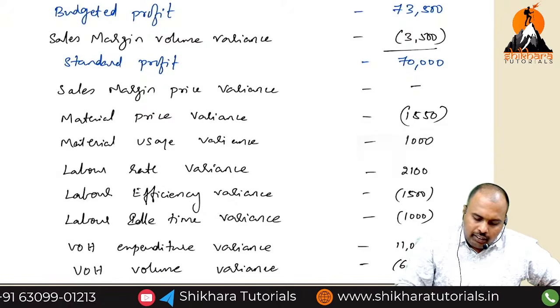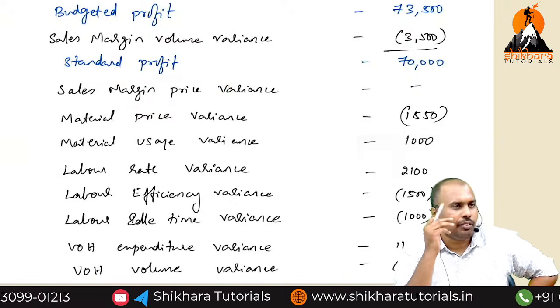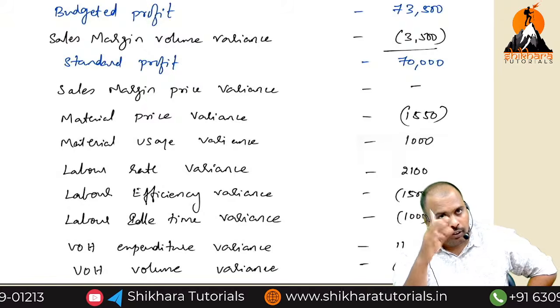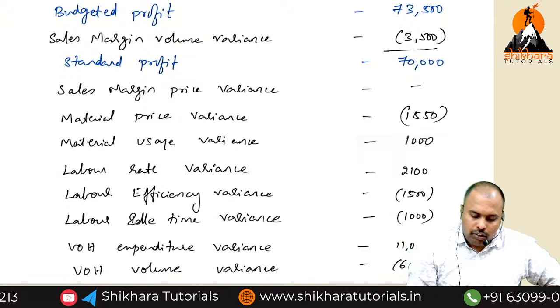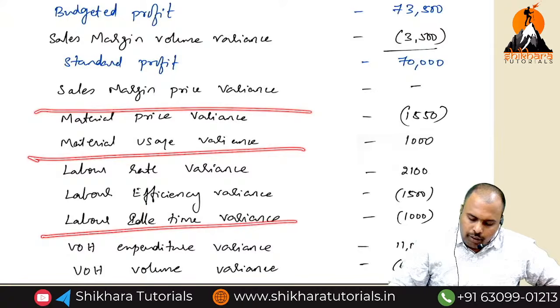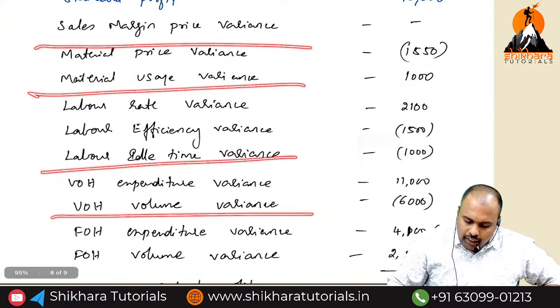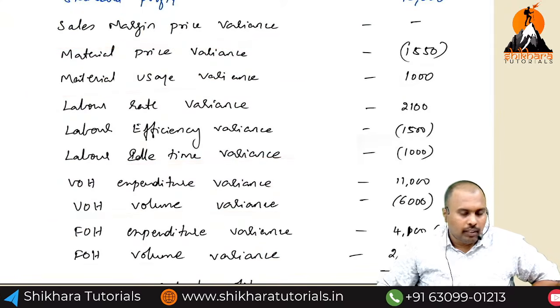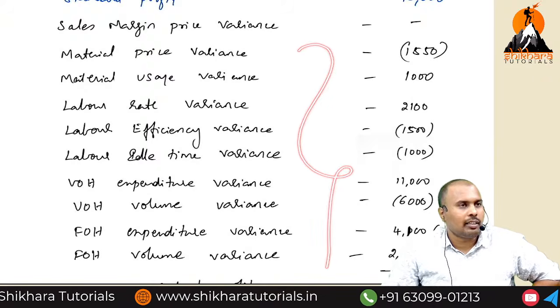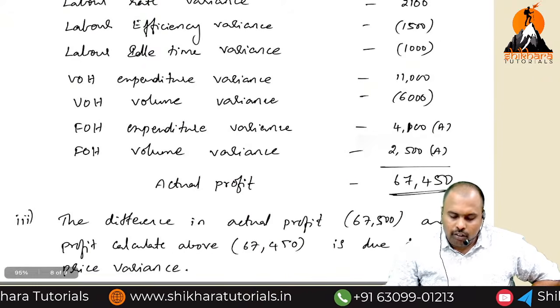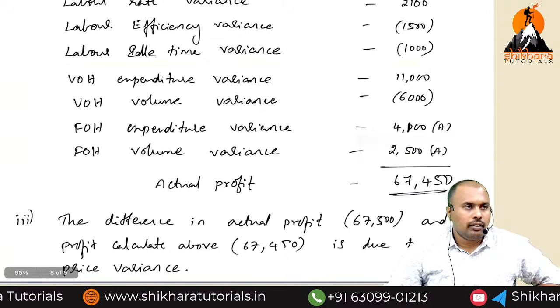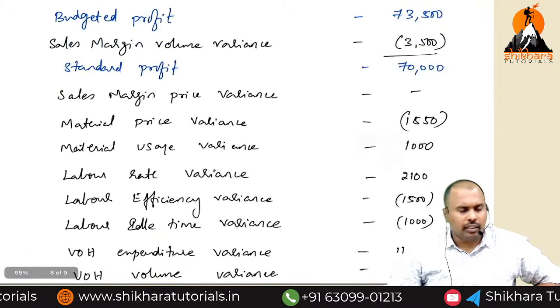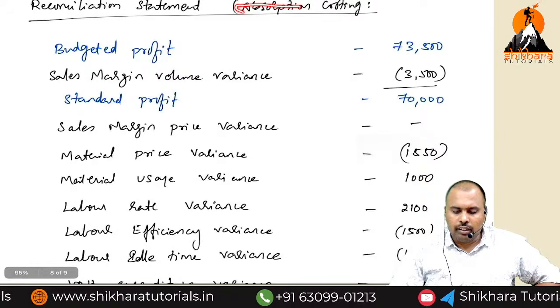Here, if you take margin variance or just price variance, it will be the same anyhow, because your answer is going to be the same. Now next, cost variances: material cost variance, labor cost variance, variable cost variance, and fixed overhead cost variance. They're subcategories. That's it. Adjusting all those things, then we are going to get actual profit. Clear?